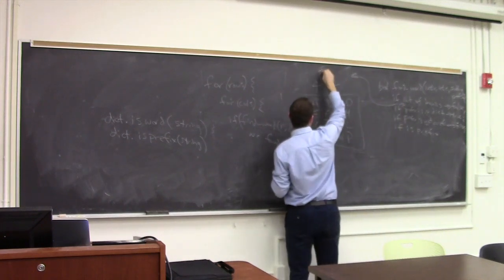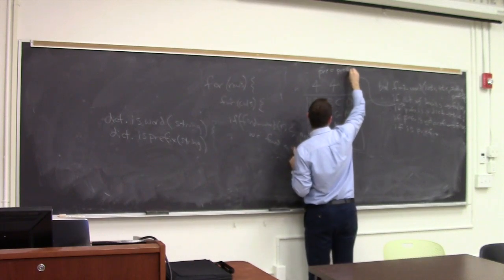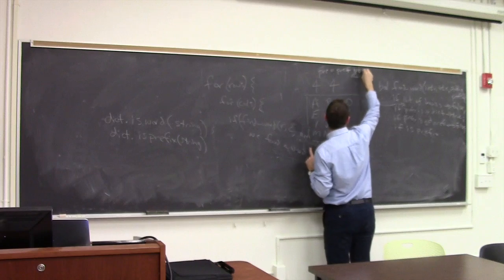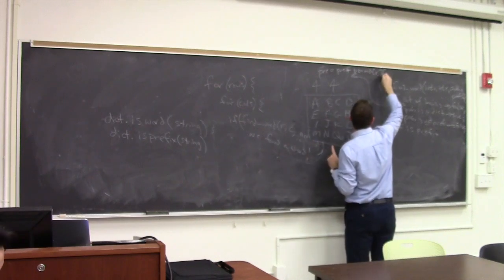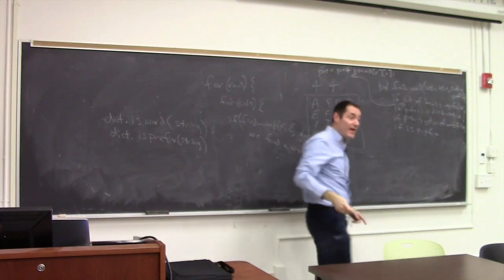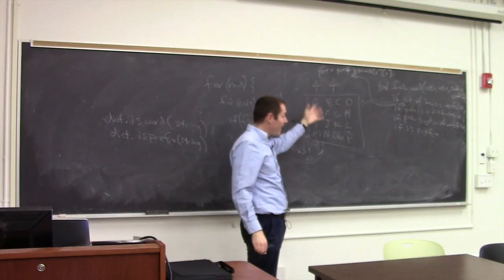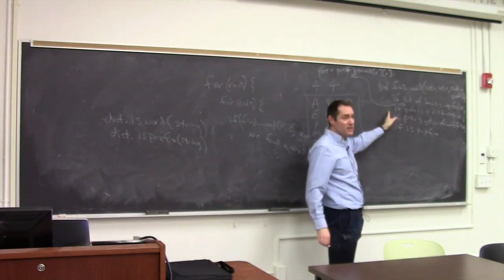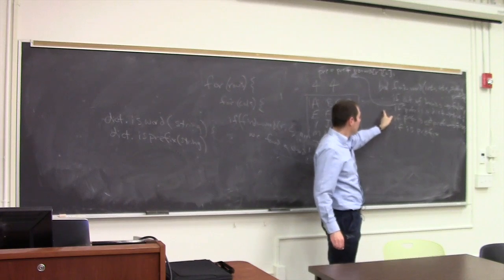OK, so we'll say prefix equals prefix plus bboard at row column. OK, so that just added on the one extra letter. So far, so good? Now, if the prefix is in the dictionary, we know that we've got a word. Done. OK?